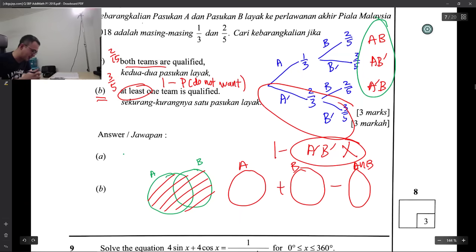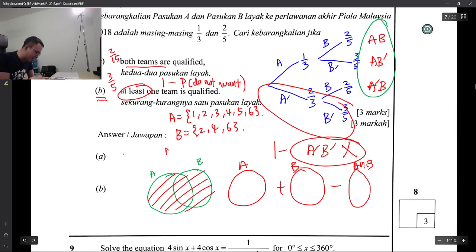Example, since you asked me about an example, let's say A is the numbers 1 2 3 4 5 6. Let's say B will be 2 4 6, for example, the even numbers.